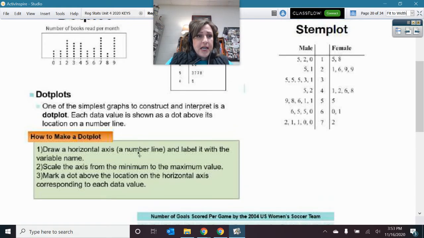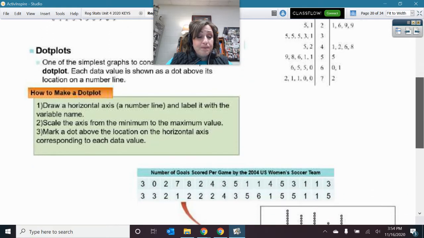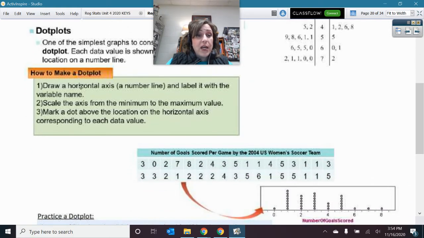Dot plots first. It is one of the quickest and simplest graphs to construct. You don't want to do it when there are too many pieces of data. Again, each piece of data is its own dot. Make sure you draw a horizontal axis, which, because this is quantitative data, is a number line. It'll go in order from least to greatest.